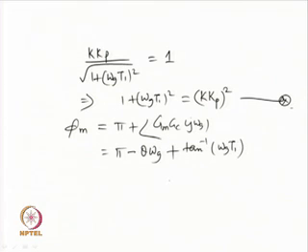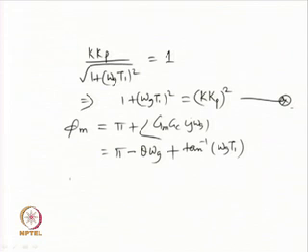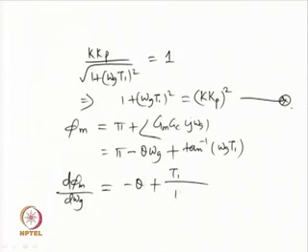We will use the optimum phase margin condition to find the proportional gain of the controller. We will design the proportional gain associated with the controller using the optimum phase margin condition. So, I will differentiate phi m with respect to the gain crossover frequency, leaving me minus theta plus T 1 upon 1 plus omega g T 1 square in the denominator.